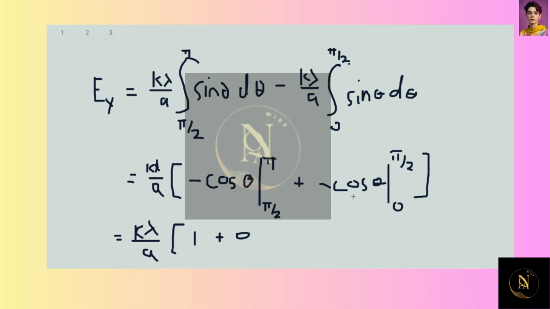And then minus minus cosine of 0 should just be 1. So we should see 0 here. So like I said before, there's no y electric field contribution.